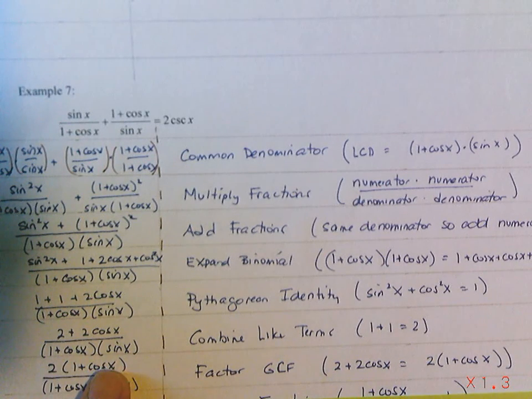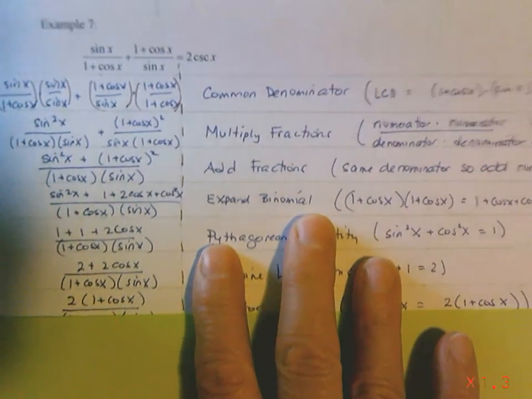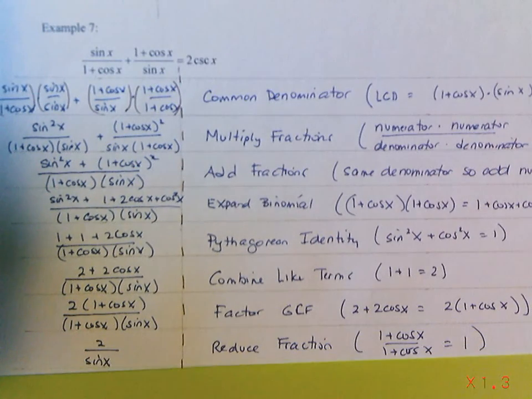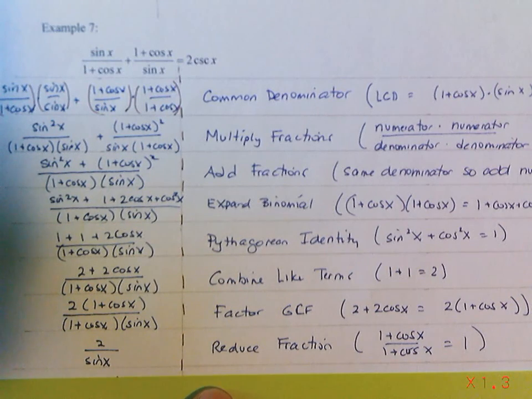So I have 2 times 1 plus cosine x over 1 plus cosine x times sine x. The 1 plus cosine x here and the 1 plus cosine x here reduce to 1. So I have 2 over sine x.